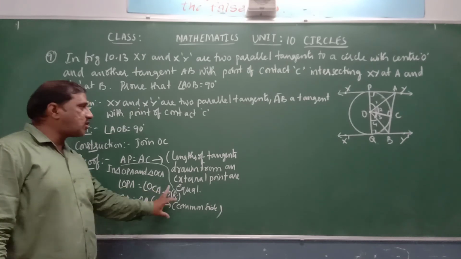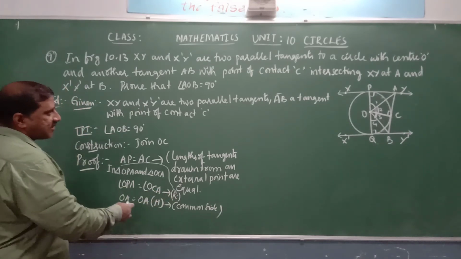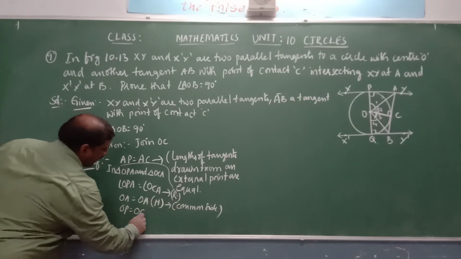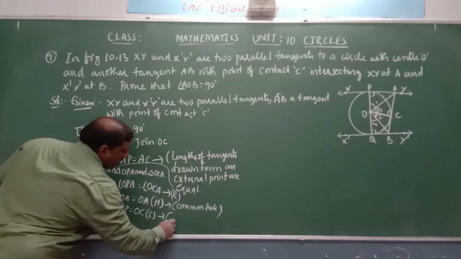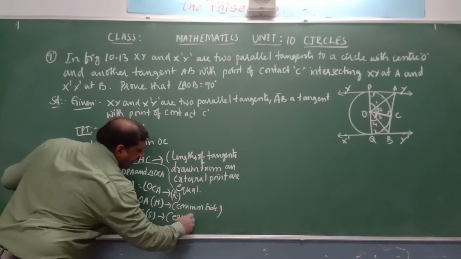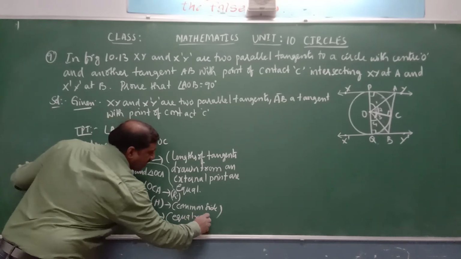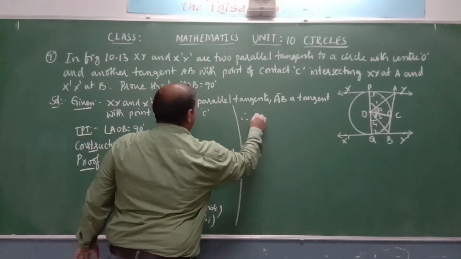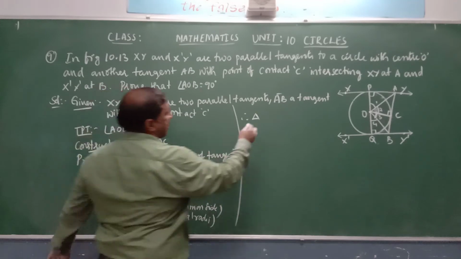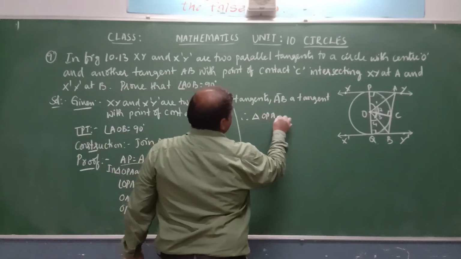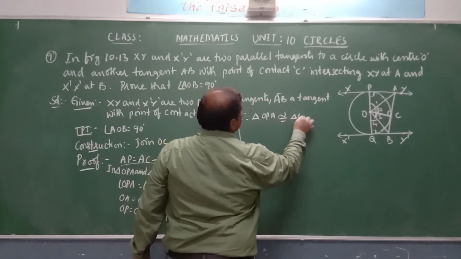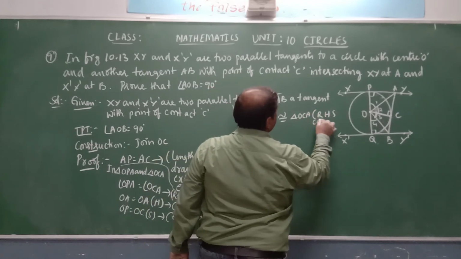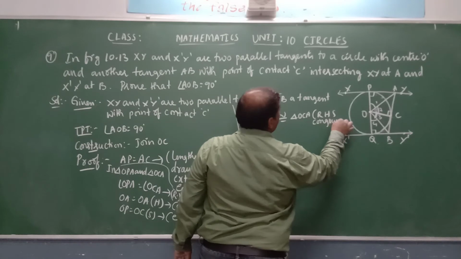OA is equal to OA, the hypotenuse, that is the common side. And OP is equal to OC, that is a side, and they are equal radii. Therefore, triangle OPA is congruent to triangle OCA by RHS congruency criteria.